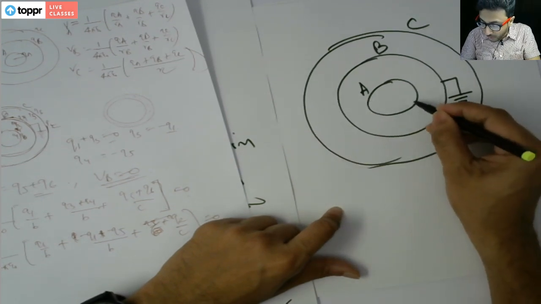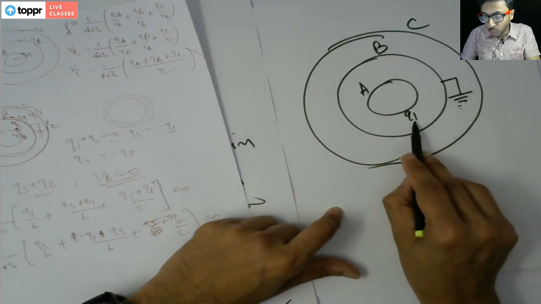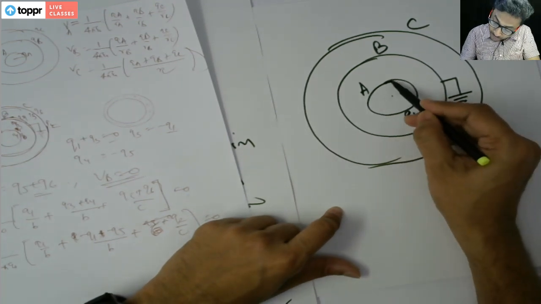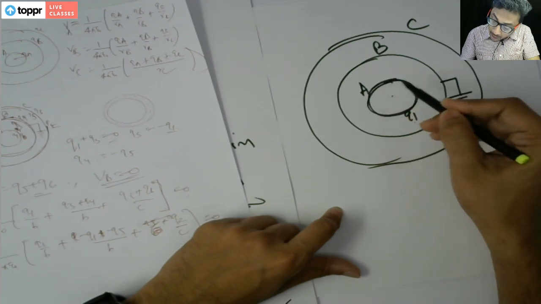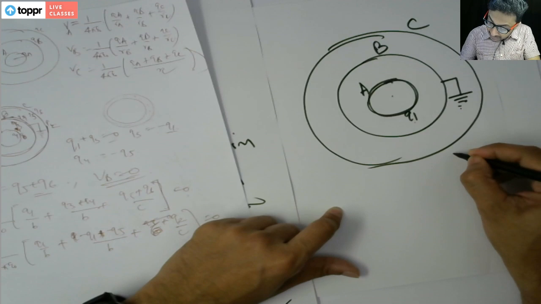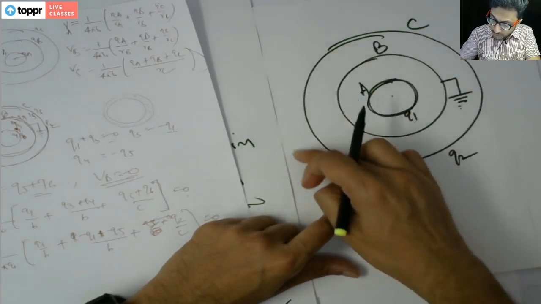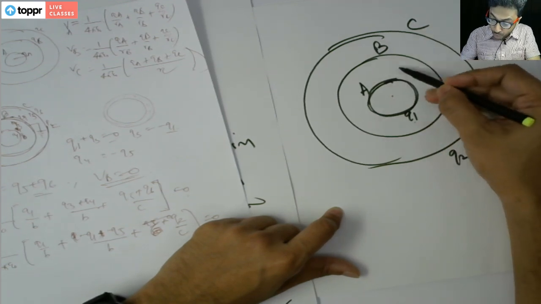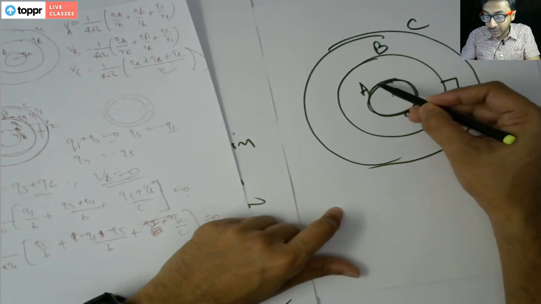The charge given to A is Q1, and you know Q1 cannot reside within the cavity, it should reside outward, on the outer surface of the shell. And Q2 is given to the shell number C. Now, what will be the charges within A, B and C?